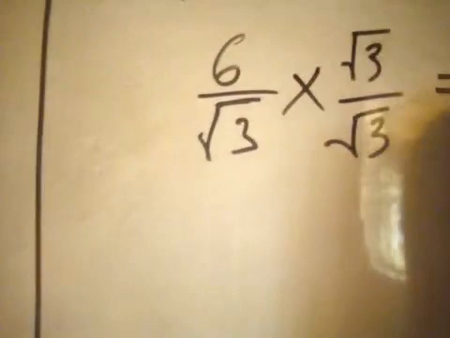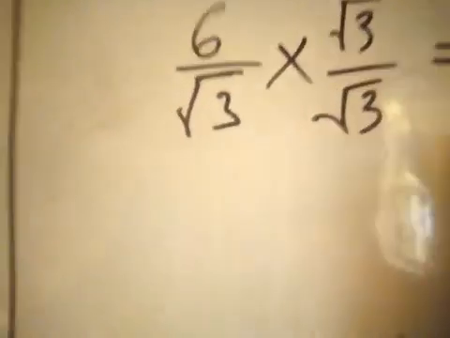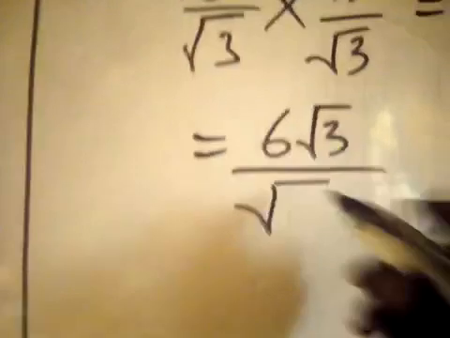So from there, what do you have? You have 6 times this, and you have 3 times root 3 times 3. Do you understand that now? So you can say 6 root 3 over what? This by this will give us 9, right?